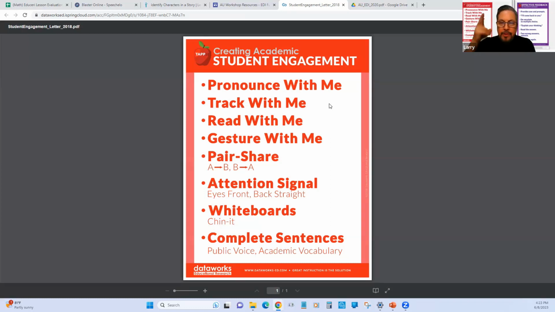So when I have my students track, I say, tell your partner what word we're on. And they will say, oh, we are on the word identify. And so the students are all in sync. We want to make sure that the students are tracking the words and sentences that I'm teaching and identifying.